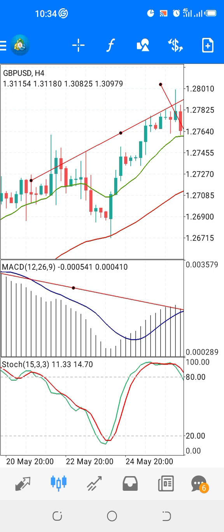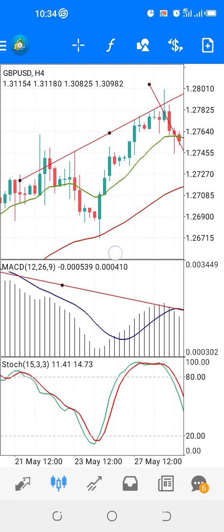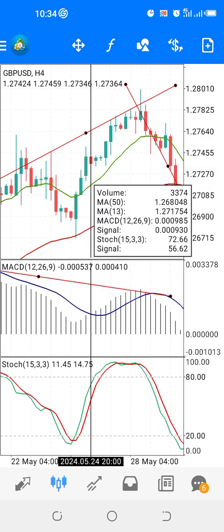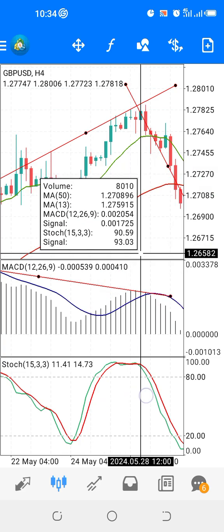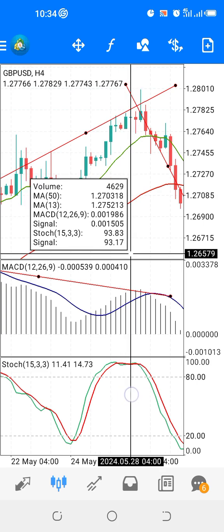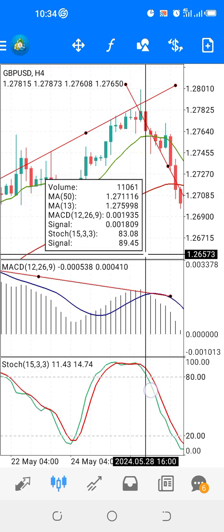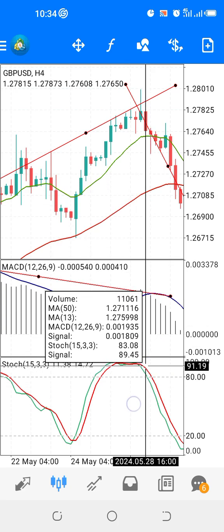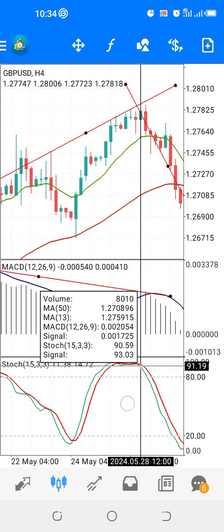Another thing you should look out for is to wait for the oscillator to cross over. For example, stochastics. You can introduce stochastics at this point. You see our stochastics here. You wait for it to what? Crossover. At this point, it was able to crossover. You see the green line crossing over the red line.